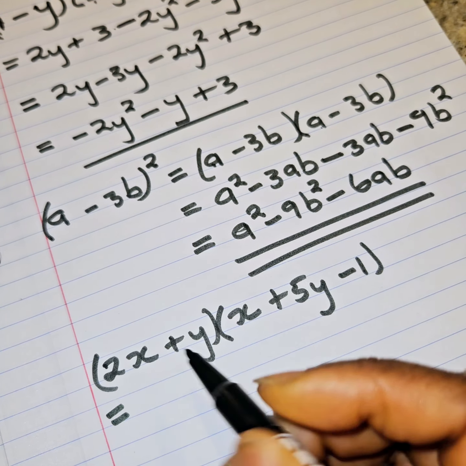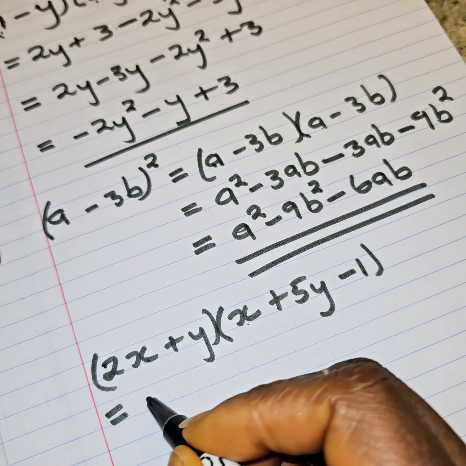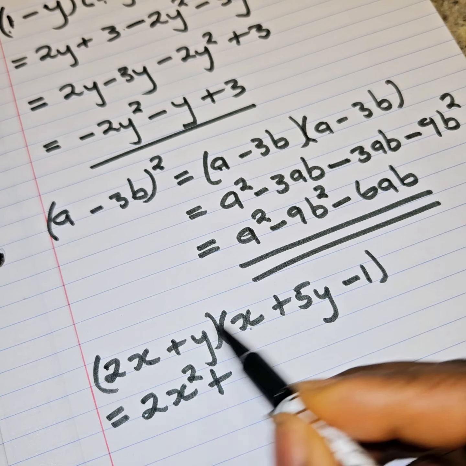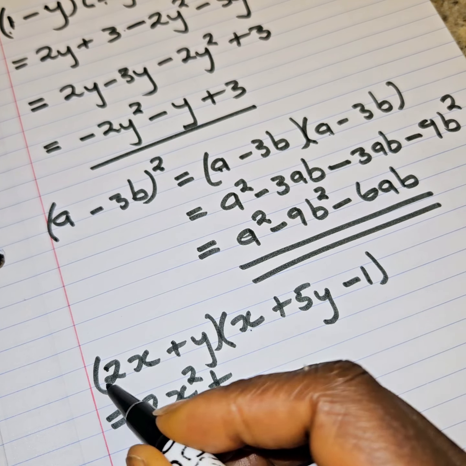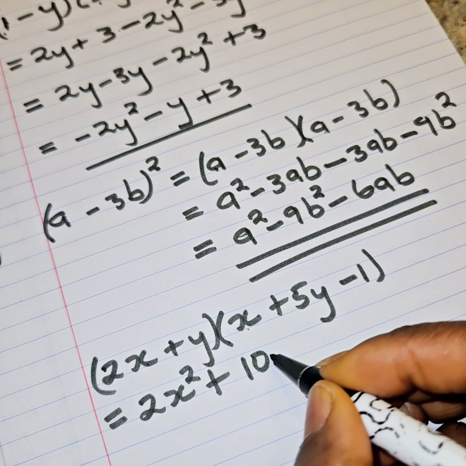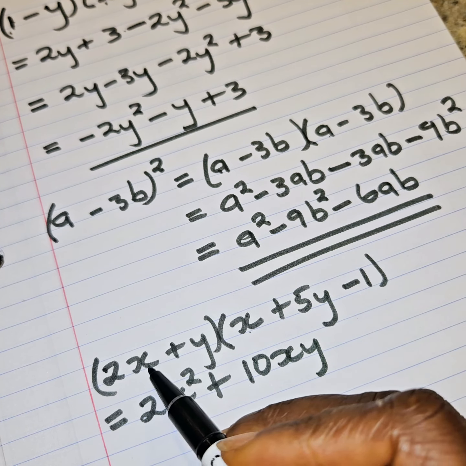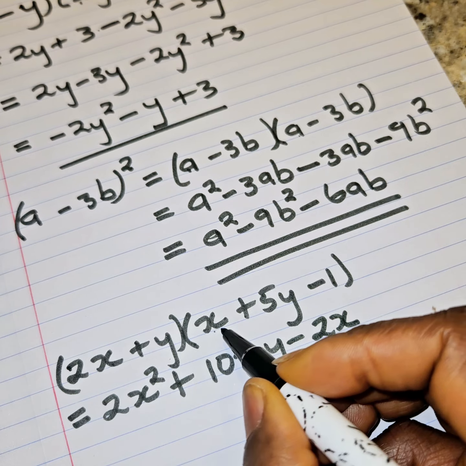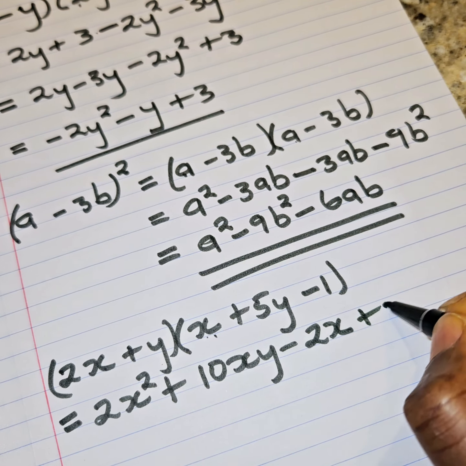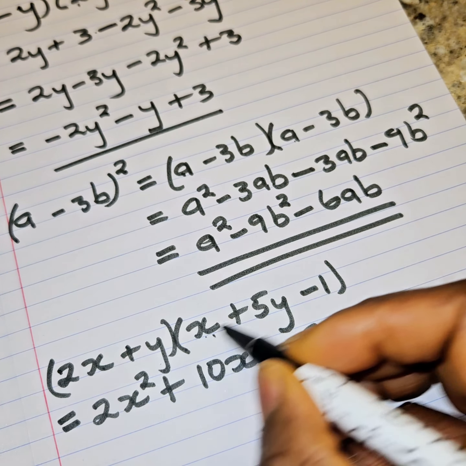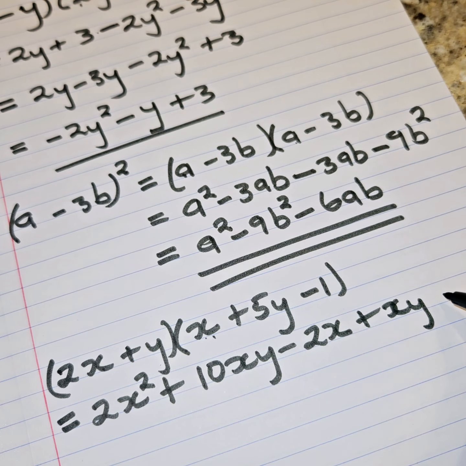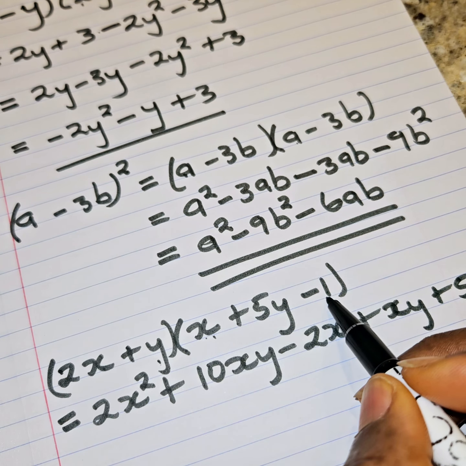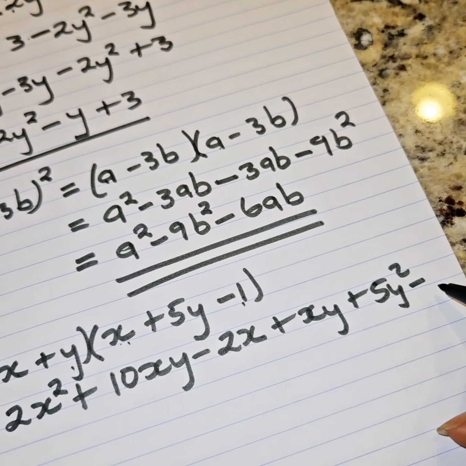So this equals 2x times x is 2x squared, plus 2x times 5y, 2 times 5 is 10xy. 2x times minus 1 is minus 2x. y times x is plus xy. y times 5y is plus 5y squared. And y times minus 1 is minus y.